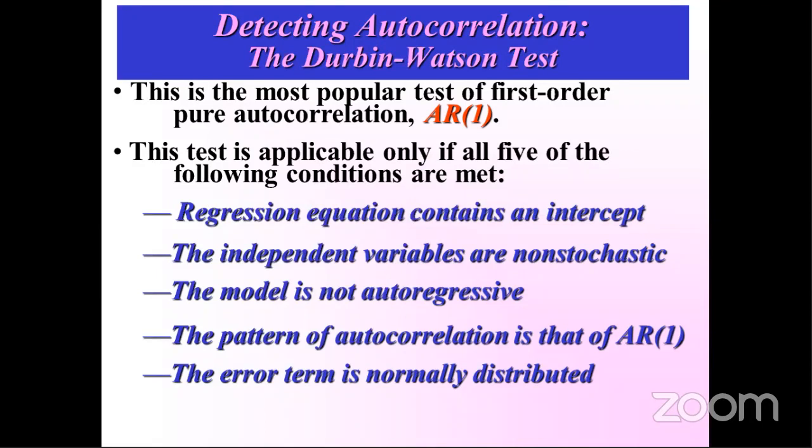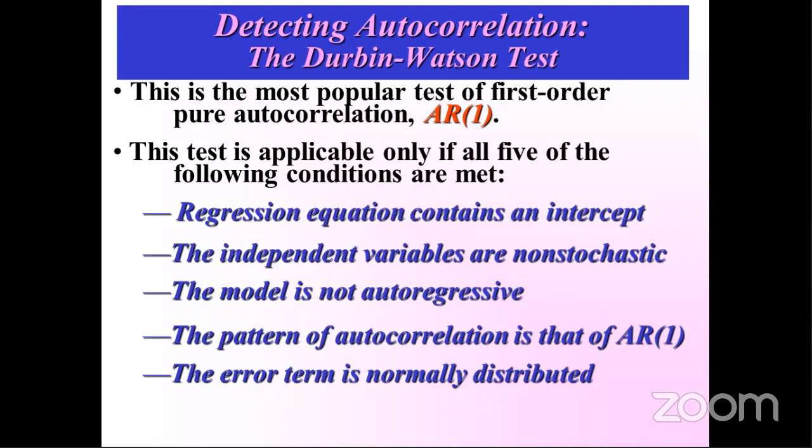So let us take the most important rules of thumb, the detection measures or diagnostic tests of autocorrelation. The two most important detecting measures of autocorrelation that are routinely reported by most statistical packages are the Durbin-Watson test, or the DW test, or simply the D test, and the other is the LM test.